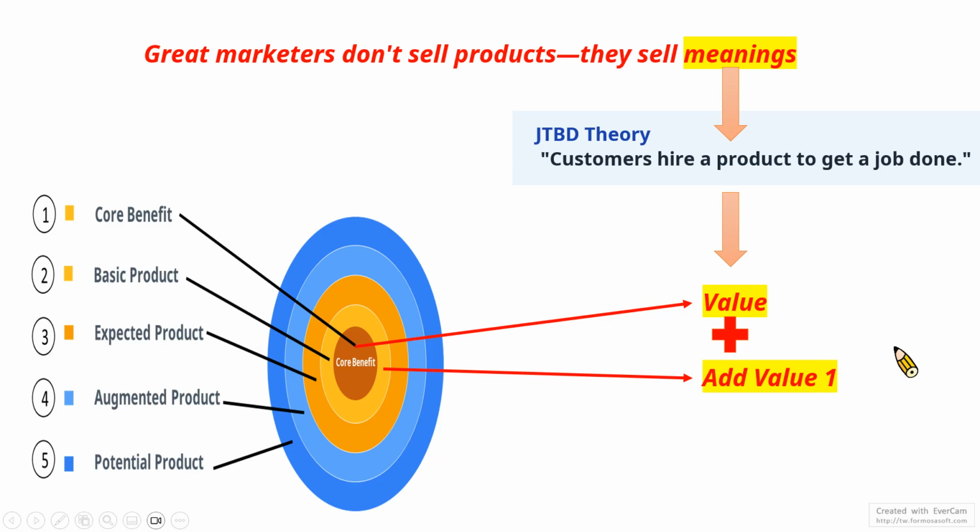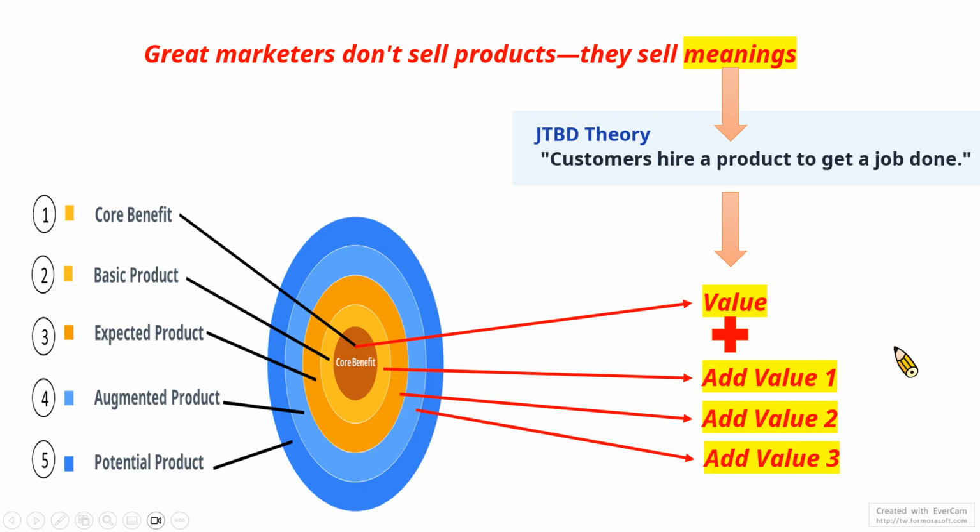Maybe they will have more, add value 2, add value 3, and add value 4. Because the product or the service has the 5 product labels, it includes all of the value and added value of the different labels.